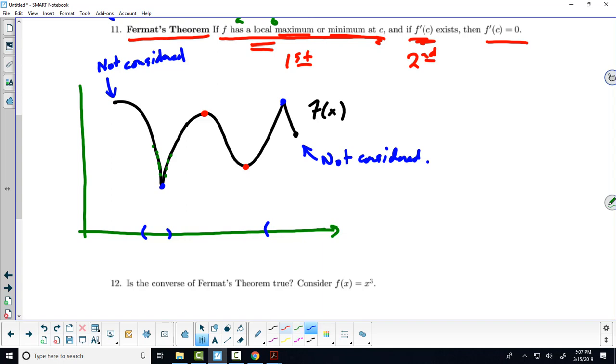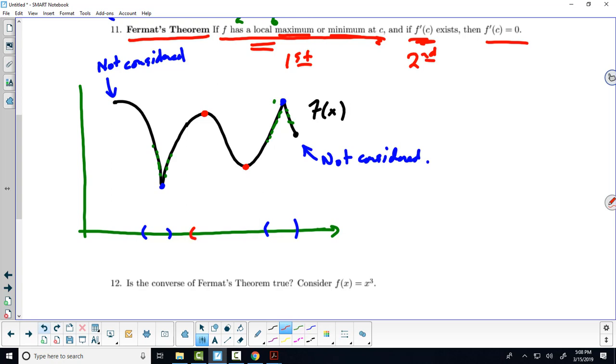Or if it's going to be a local maximum, when I draw the neighborhood, now careful, can I draw my neighborhood out here? Nope. Better move it in a little bit. For all y values that I plug in, if this is going to be a local maximum, it has to be the greatest of the y values.